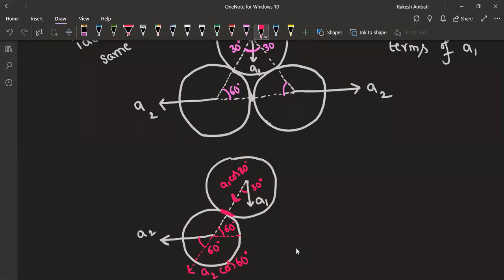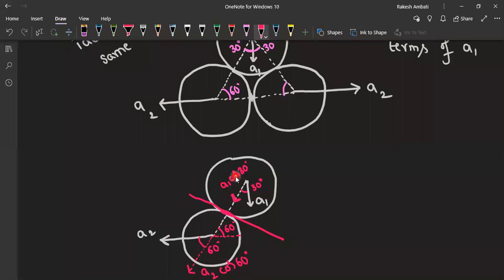Therefore, in this figure, it is a contact surface, and for this contact surface, this is the normal. In this normal direction, what accelerations are present? They must be the same.